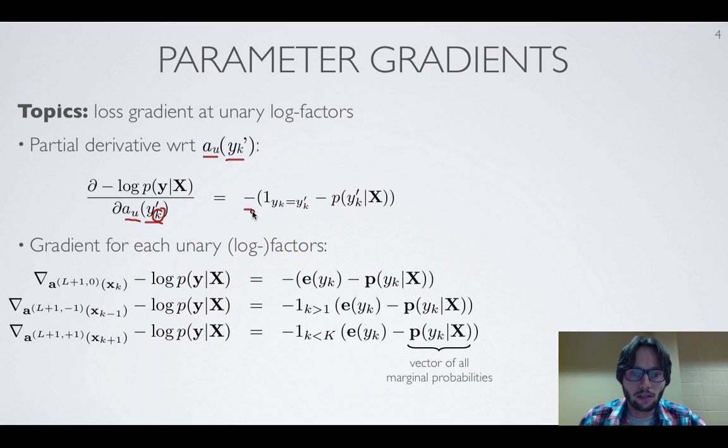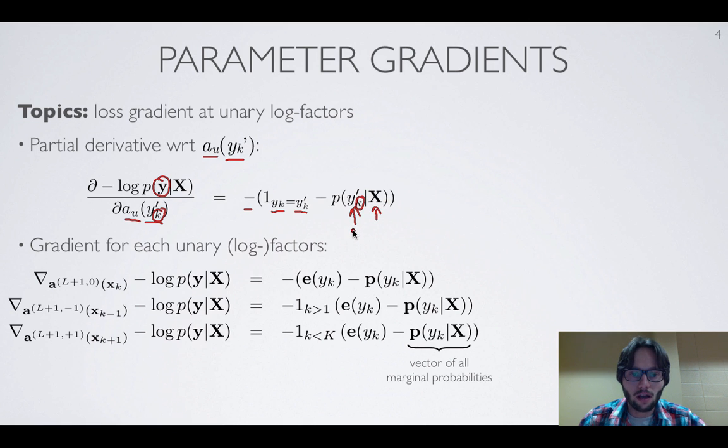It's going to be minus the identity function of whether y_k, the kth label in y here, is equal to y'_k, which is the label for which we're considering the parameters of the unary factors, minus the probability, according to our model, of actually observing for the kth label the actual value y'_k for the given input.